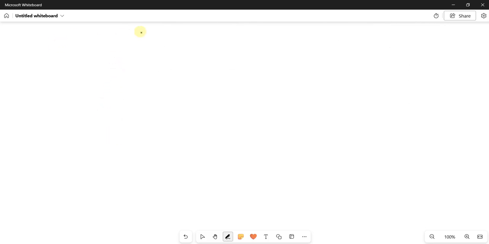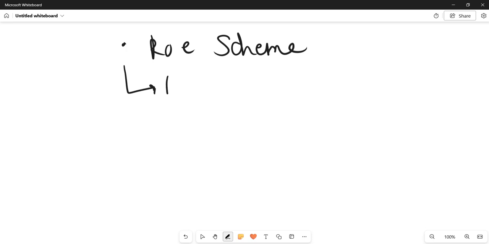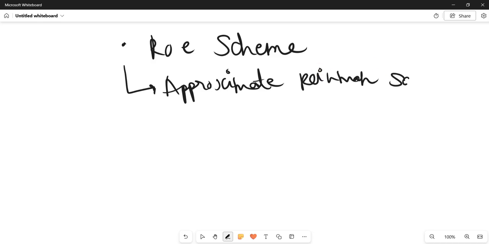The most famous out of all these is the Roe scheme. This is an approximate Riemann solver.